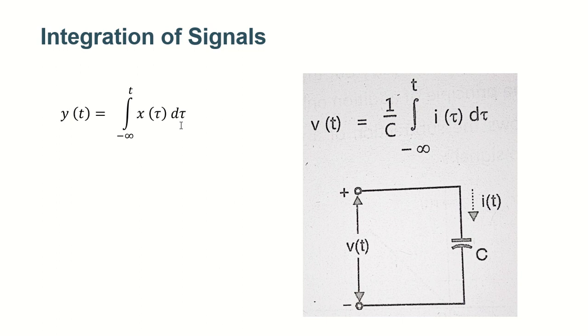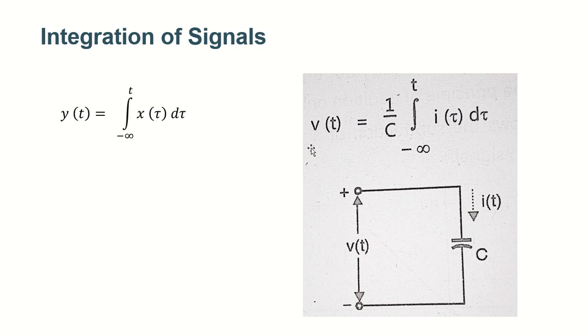And again, a good example of this is the capacitor. It basically performs the integration operation. Let's say i of t is the current which is passing through the capacitor. What will be the voltage developed across the capacitor?